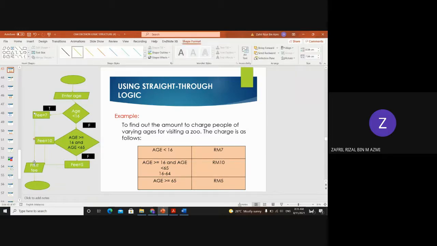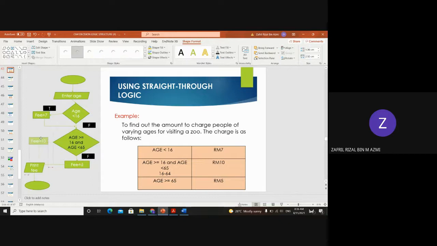The flow is going to be like this. If it is true, you give fee 7, it will re-enter the decision flow again. And to check this, although this is already true, it will check this again.